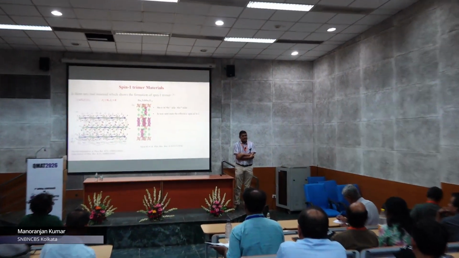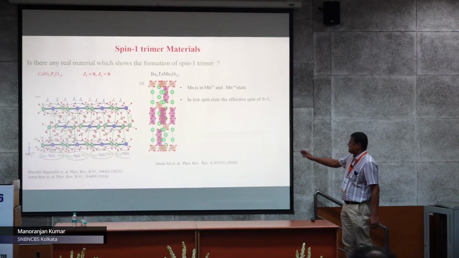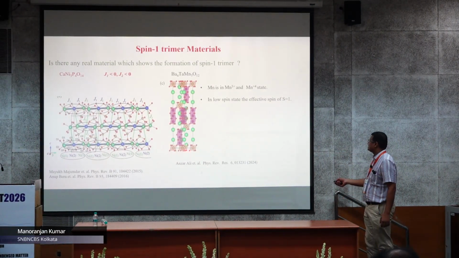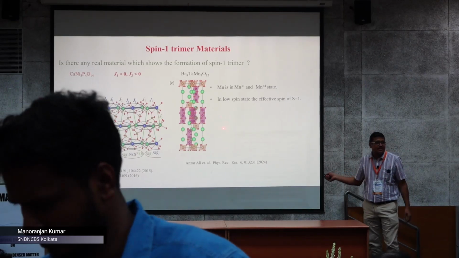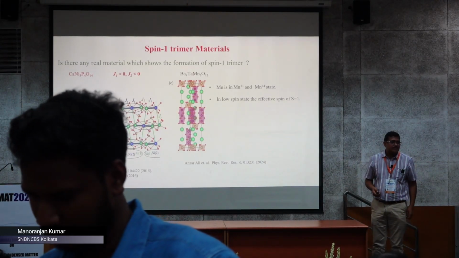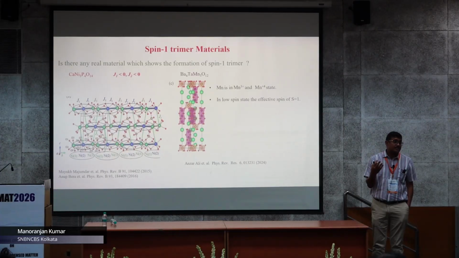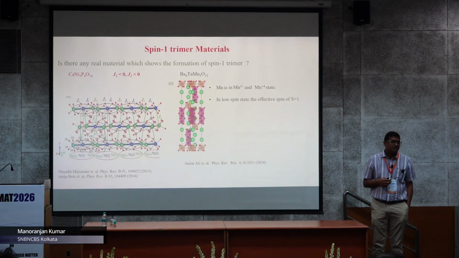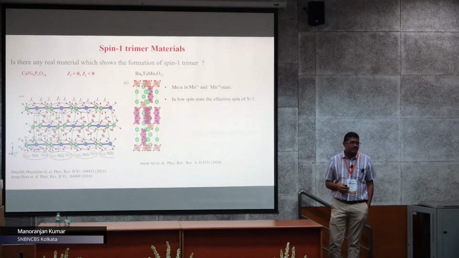So this is just a theoretical proposition still. They claim that this is a trimer because the distances, if you see, are very close by. The only thing is that valency fluctuation is there, so then there's a problem. Even if it's forming a trimer, it is not the material we're looking for.